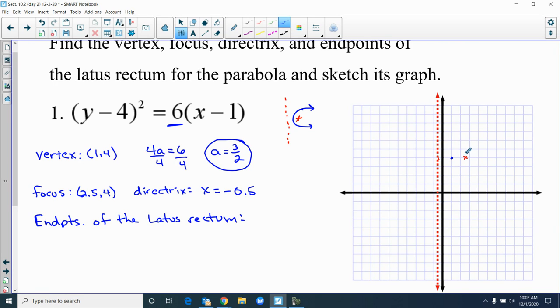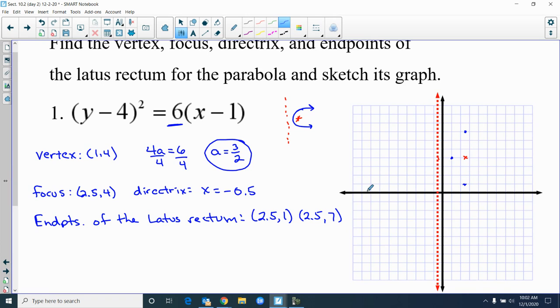And we go from the focus up 1, 2, 3, and down 1, 2, 3. So the endpoints will both have an x coordinate of 2.5. So it's 2.5, 1, and then 2.5, 7, because we went 3 up and 3 down.